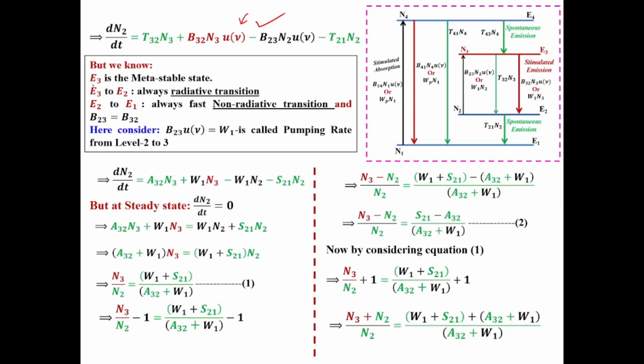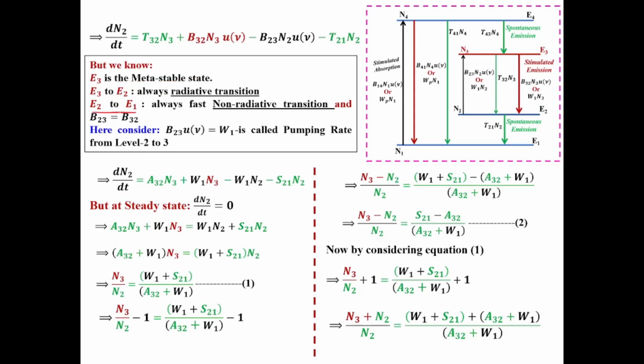Here we know E3 is the metastable state. E3 to E2 will always be a radiative transition, because this is your metastable state and this is the lower state. So in between these two states we are going to get the laser action. Whatever transition happens between E3 and E2 will always be radiative, right?